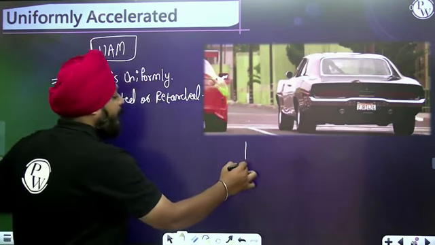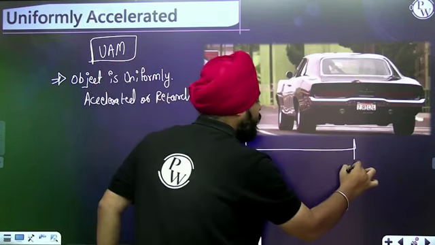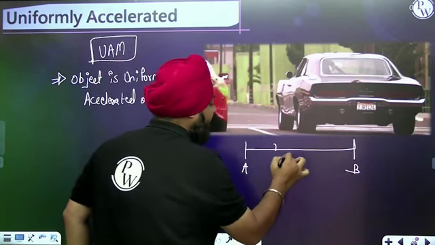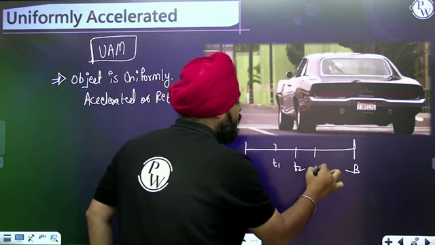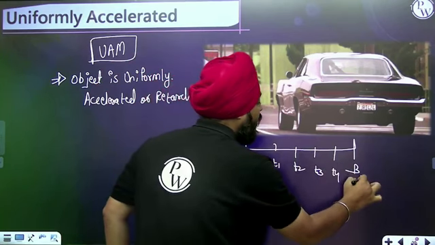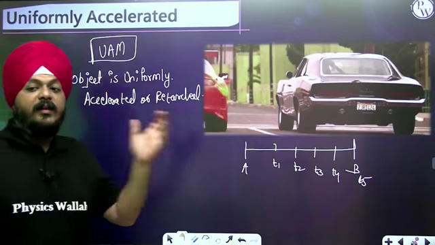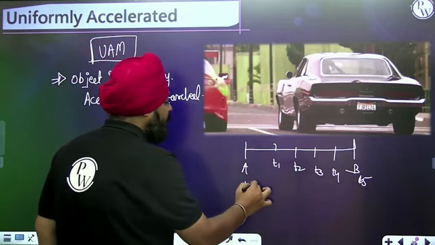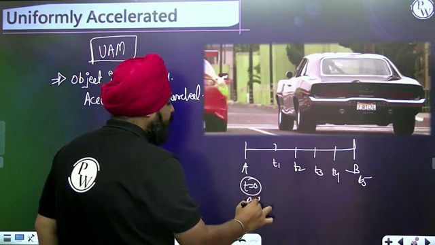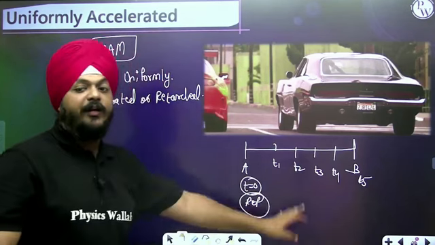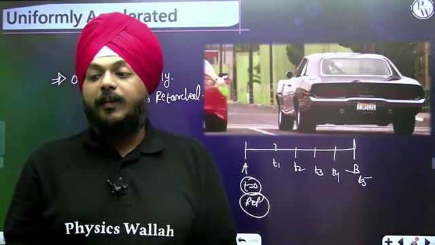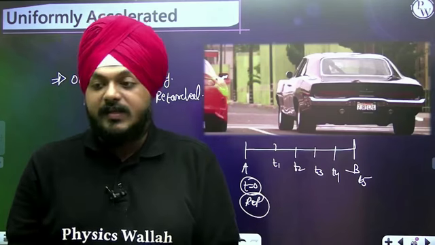How? Let us take an example. Object starts from point A and reaches point B. This is time interval T1, this is T2, T3, T4, and T5. This is my reference point, t is equal to 0, from where the object started its motion.